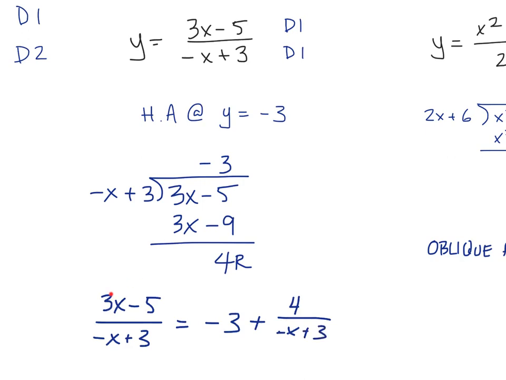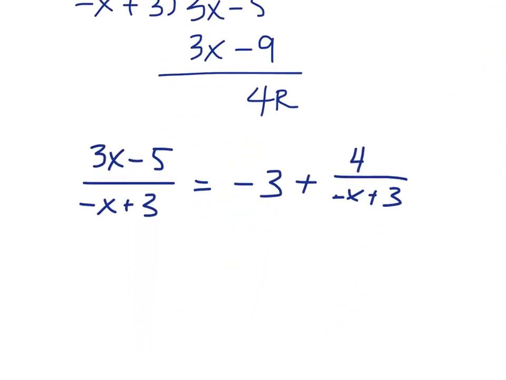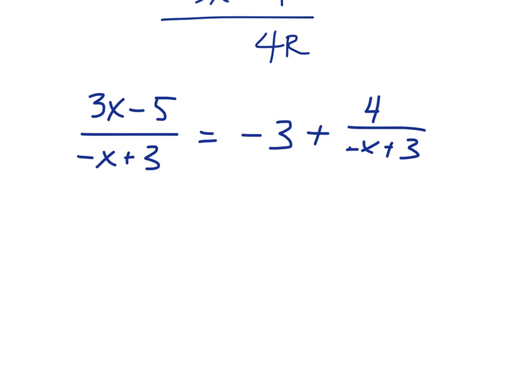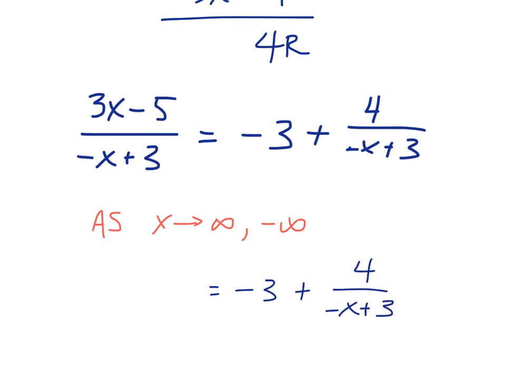Again, these two things are equivalent to each other. It's just a different form of writing it. So let's think about the same thing we did last time. As x goes to infinity, or negative infinity, what's going to happen to this expression? Well, we have negative 3 plus 4 over negative x plus 3.